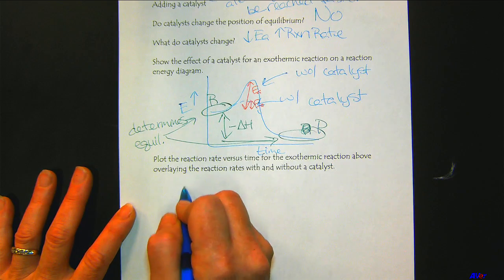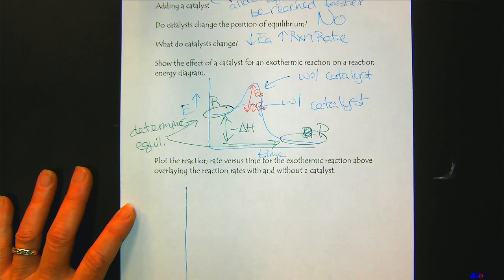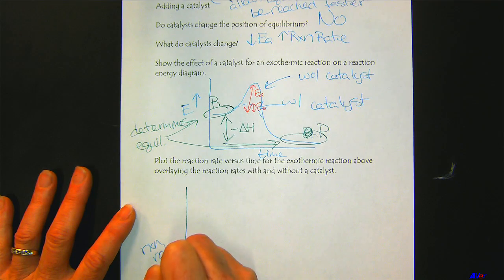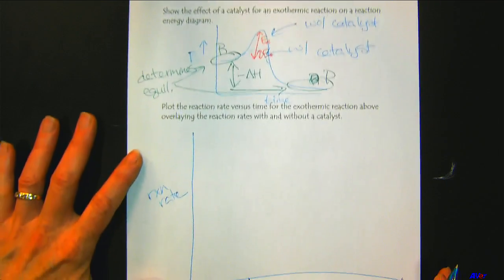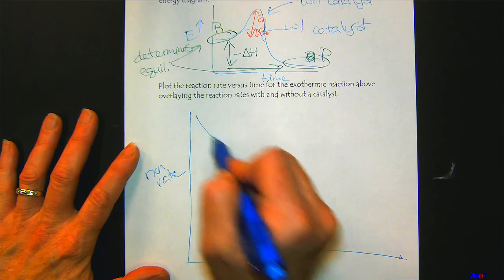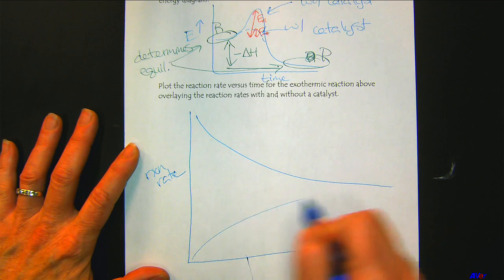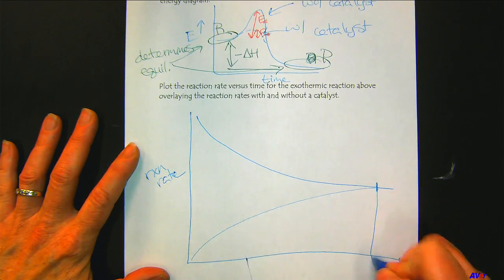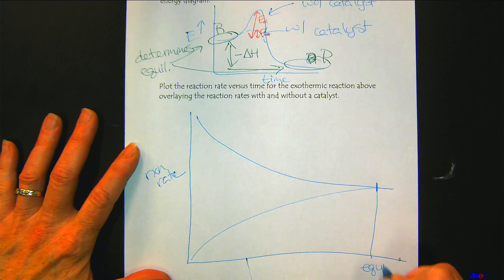And then to follow through, here's our reaction rate. If we don't have a catalyst, we have our forward and our reverse reactions, and we get to equilibrium. Here's time.